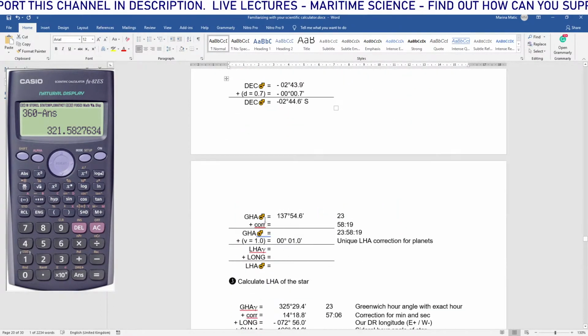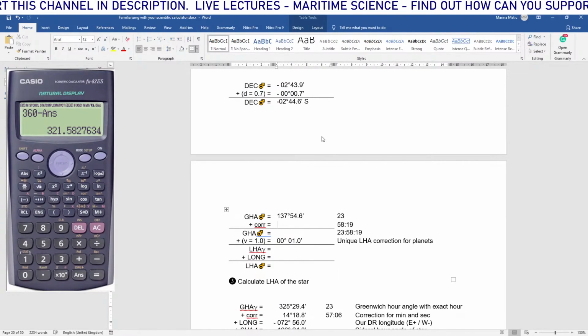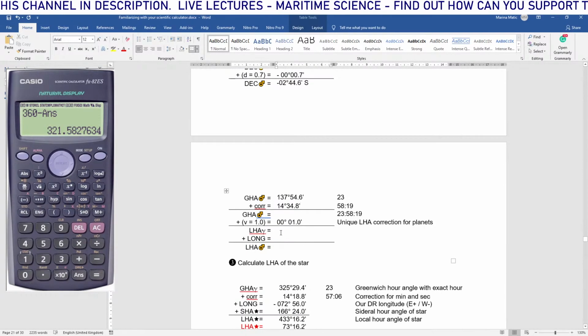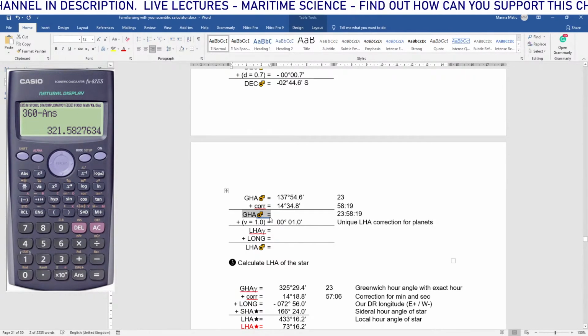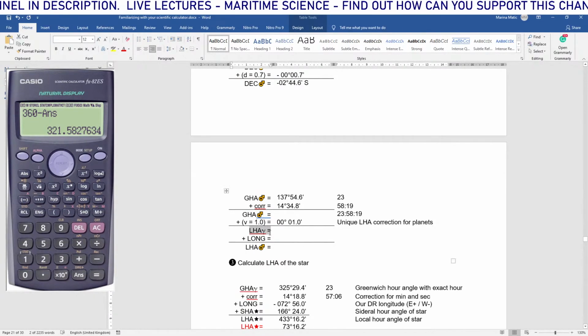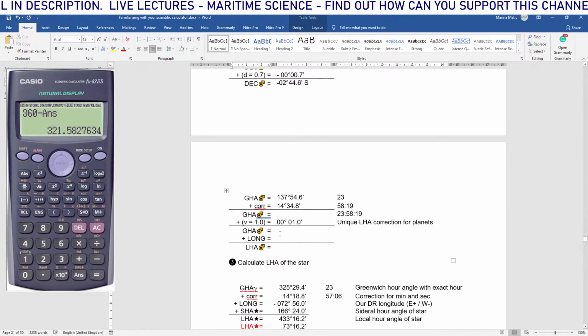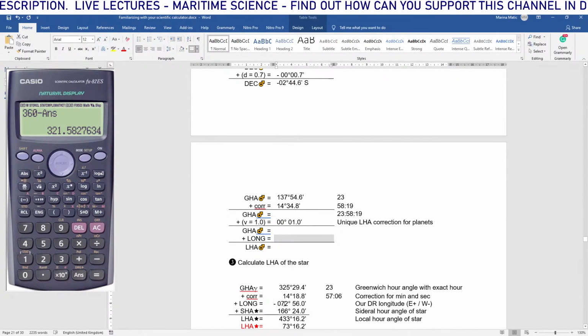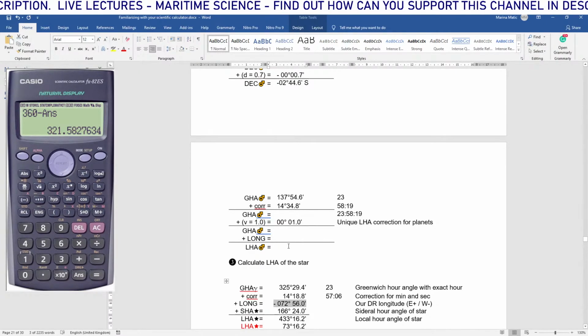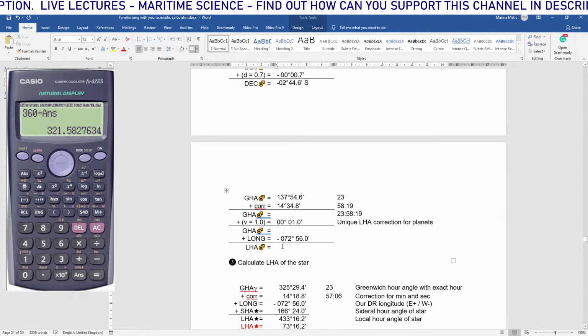Copy. 14 34.8, and this is going to give me Greenwich hour angle corrected. And longitude is, how much is longitude? I have it here. Copy here, negative west.